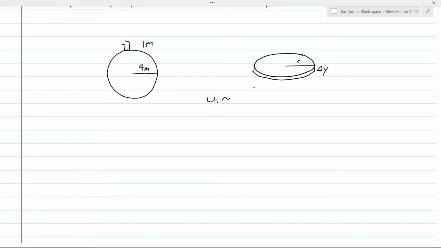Well, it's going to be approximately equal to the force times the displacement. Well, F is going to be equal to mg, but m is going to vary because not every slice is going to have the same mass because they'll have a different radius. So we need to work out what the mass is.